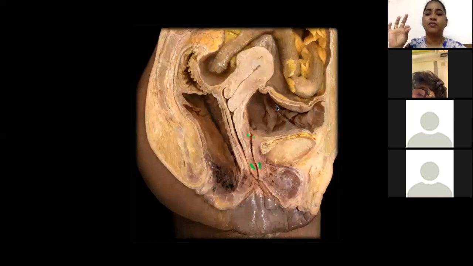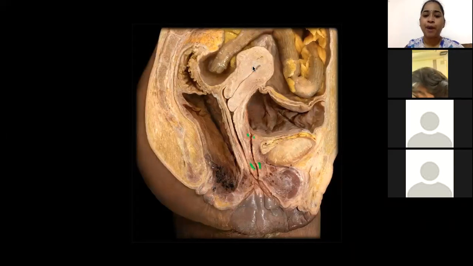But the uterus is a thick muscular organ. You can feel the thick muscular organ sitting above the urinary bladder. That's the uterus. The uterus always has parts: the fundus, body, and cervix.